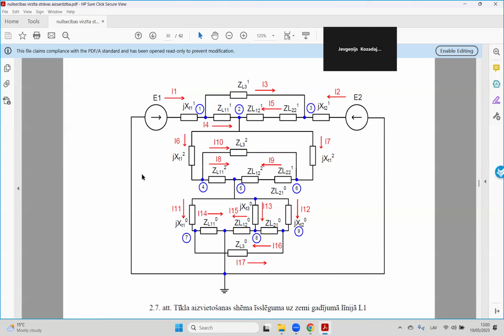That's why we don't need it for calculation, because we would need to divide by zero, and this is impossible. That's why this node does not have a number.